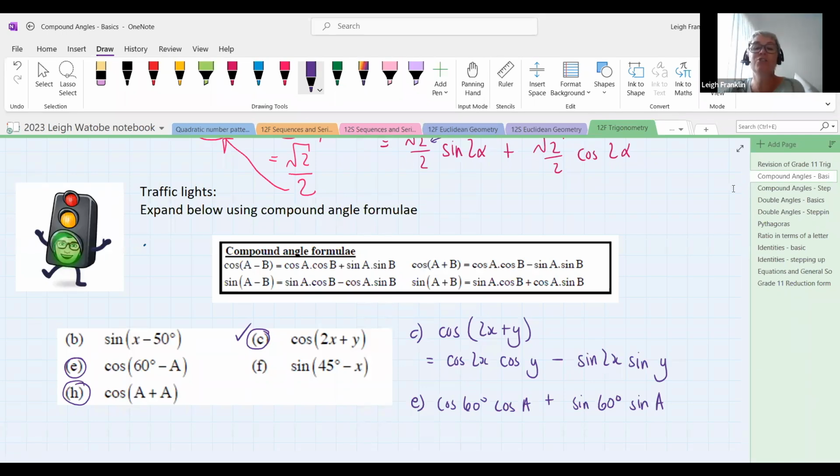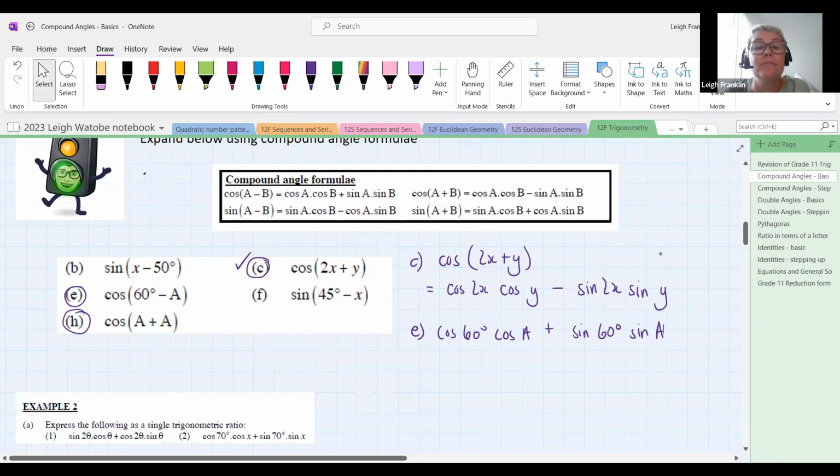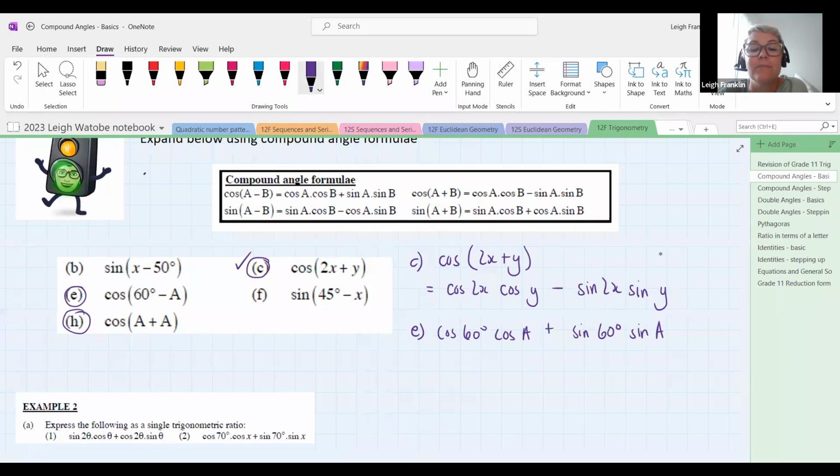All right, perfect. Did you use special angles? No, ma'am. You said we shouldn't further. Okay, for this one you can use special angles because you've got cos 60 and sine 60. Zintle, do you know what the cos of 60 is?